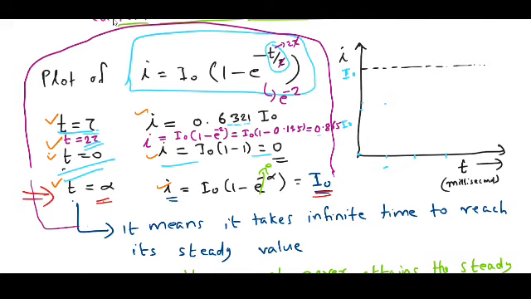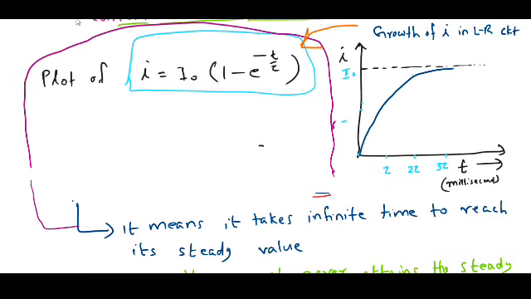This is tau, this is 2 tau, this is 3 tau, and this will be very near to 0.95, somewhere here roughly. If you plot this graph, it will go in this fashion. This is the plot of the growth of current in an LR circuit.